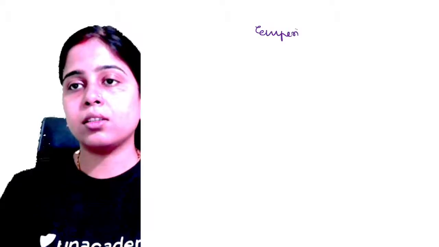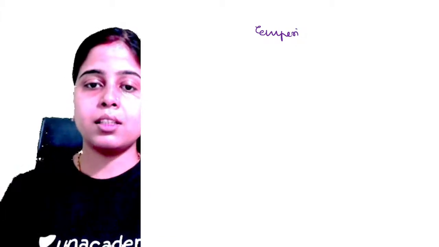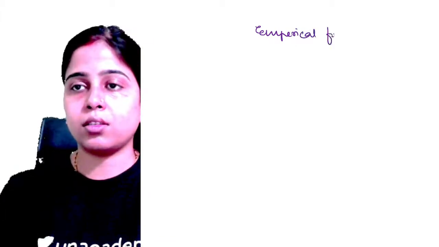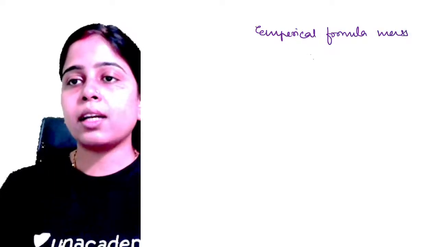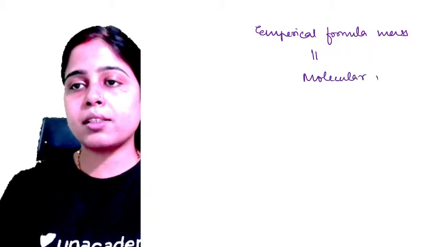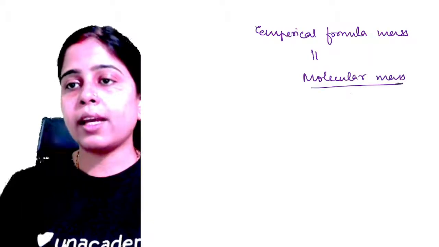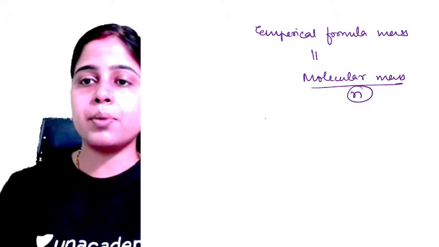The empirical formula mass can also be calculated by dividing the molecular mass by the N, the HCF that you have found. Okay, so let me show you an example.